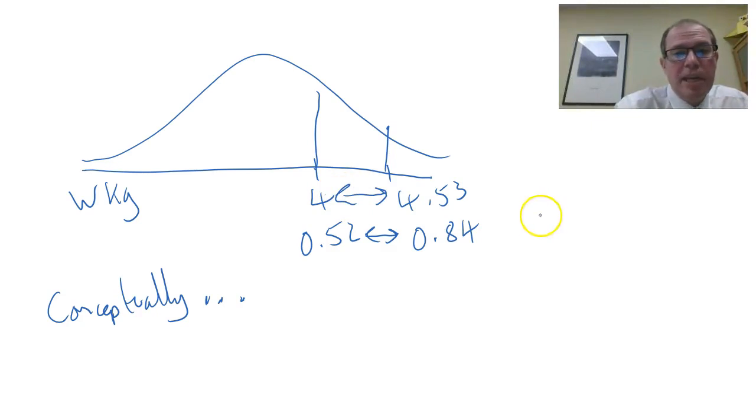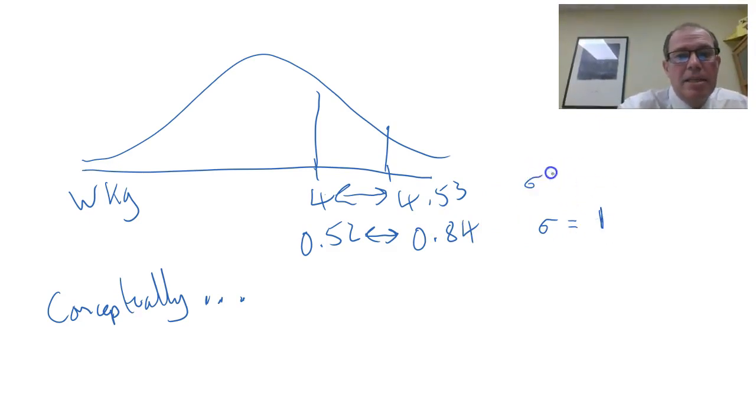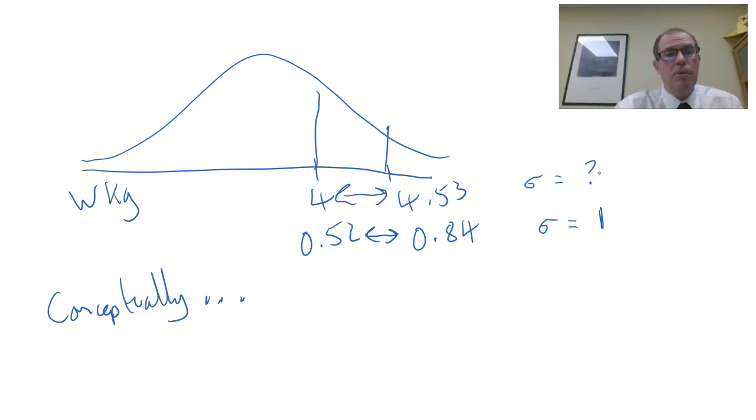The beautiful thing is that we know that the standard deviation for this distribution is 1, and the standard deviation for this distribution is the one we're trying to find out. But we know the number of those standard deviations is the same as the number of standard deviations between 0.52 and 0.84.